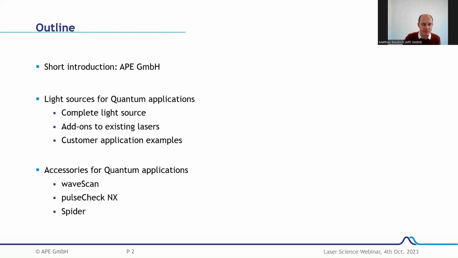And finally, I will talk a little bit about accessories, devices for quantum applications, especially accessories for ultrafast laser sources, and how they can be diagnosed and modified to be best suitable for quantum dot excitation, which then can be used for quantum applications.